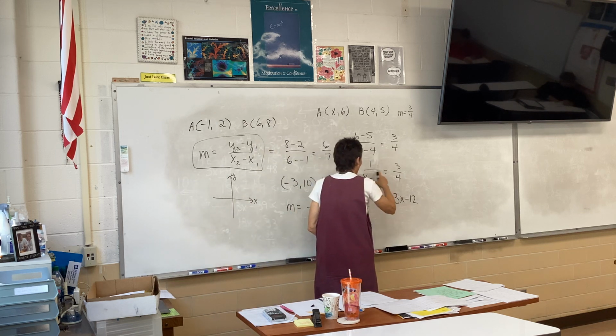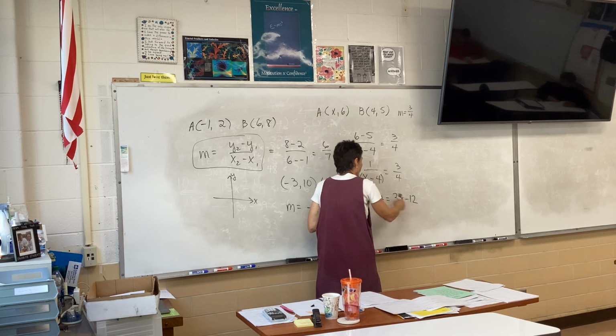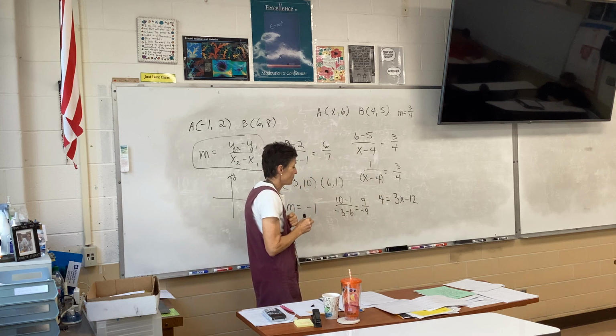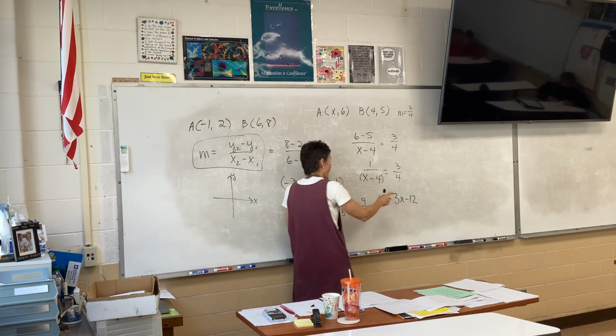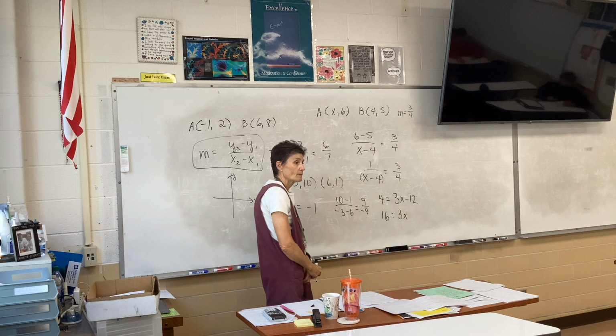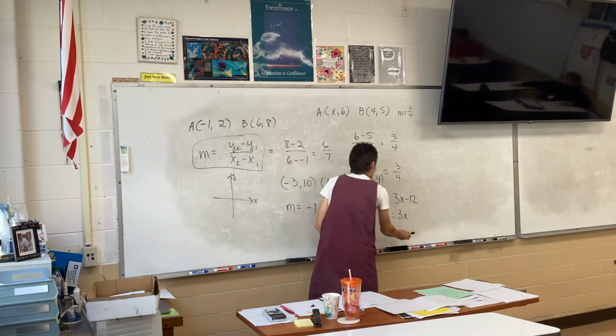So 4 times 1 equals 3 times x minus 4. Then we'll just solve it like a regular equation. So we'll add 12 and divide by 3. So x ends up equaling 16/3.